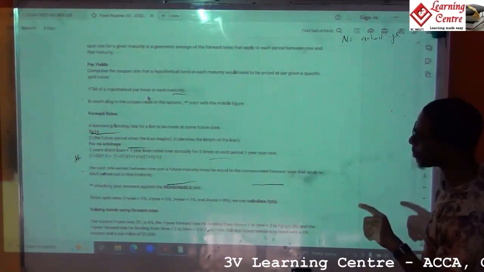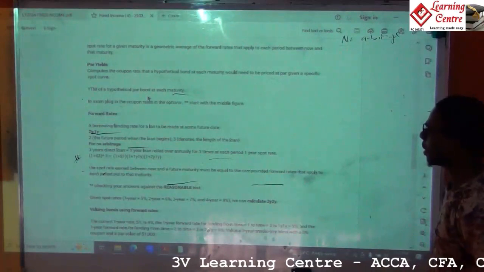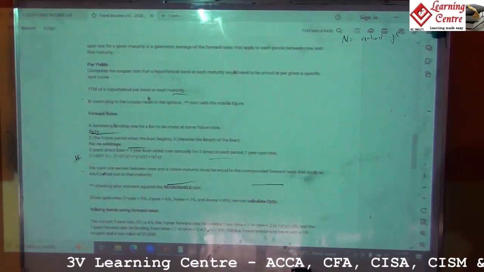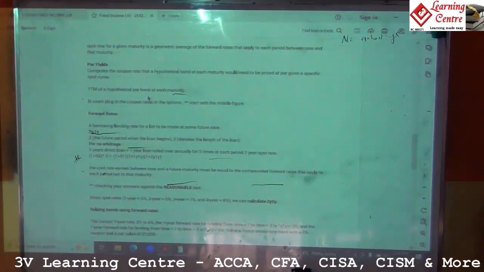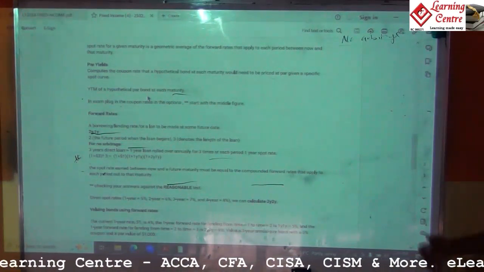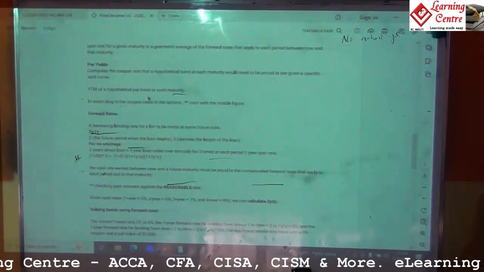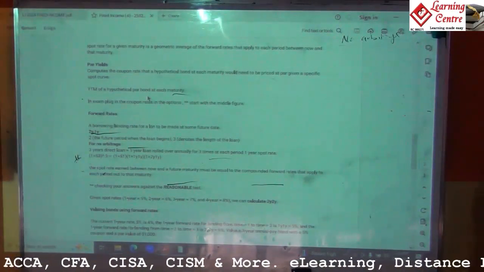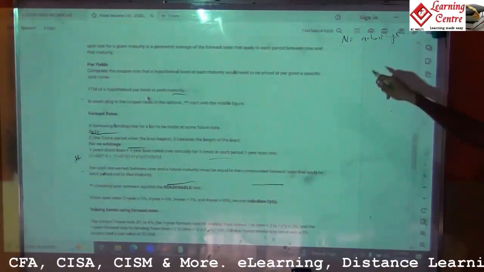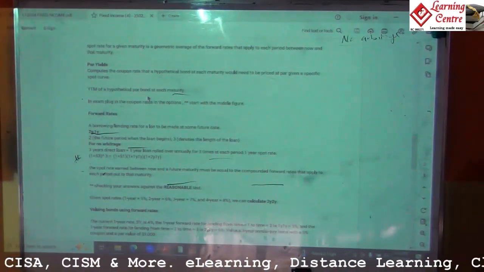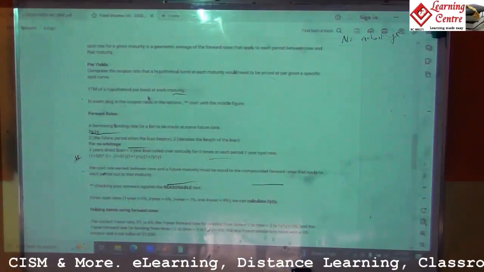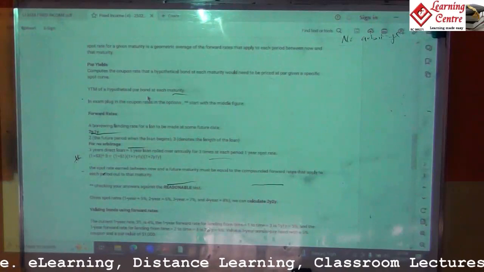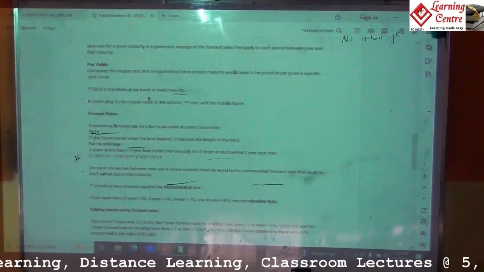I want to get to that point. For no arbitrage, I have two options. I have the option of taking a 1-year loan that rolls over every year. If I take 1 million naira today at 5%, and it is set to be priced every year, then next year it will be priced at the current rates.